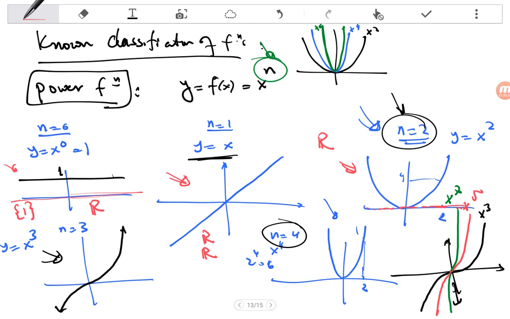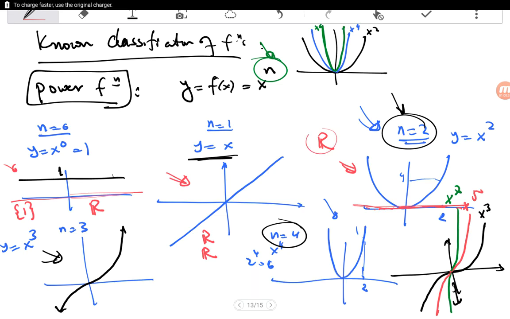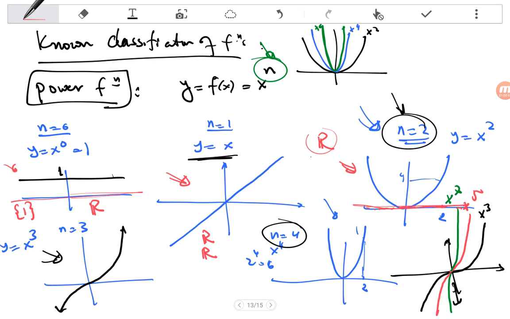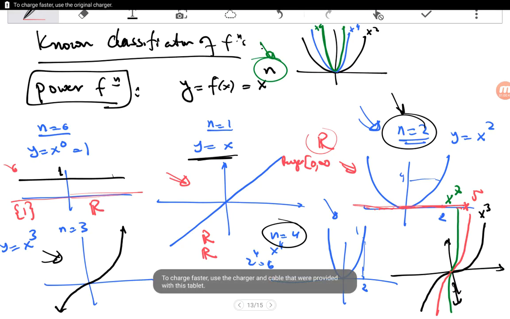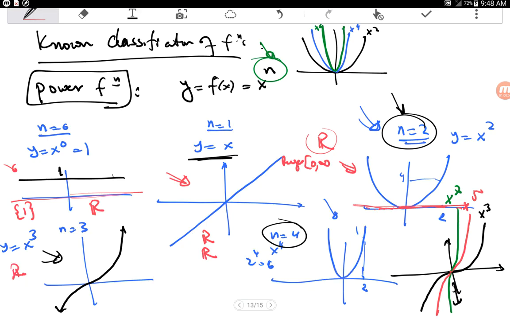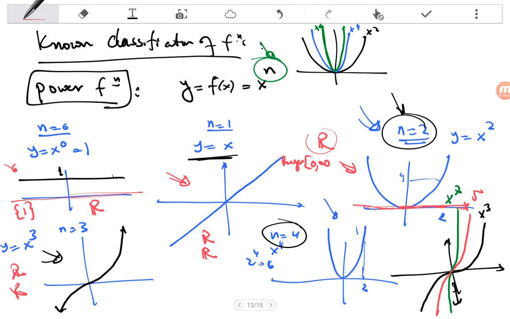It is obvious here that all of the values of x have a curve. So the domain is R. What about the range? The range is from 0 to infinity. And for this one, the domain is R and the range is R. Okay?